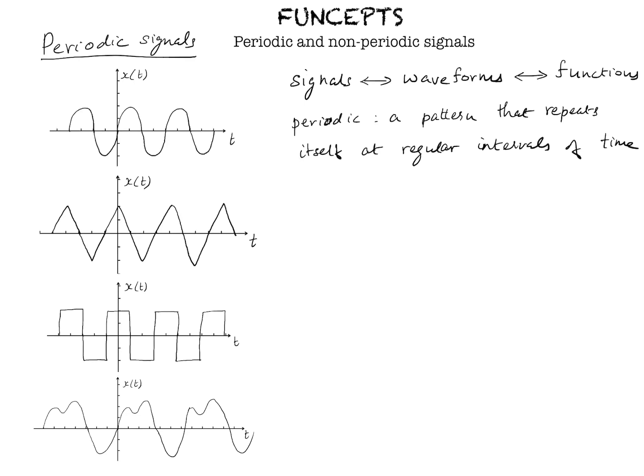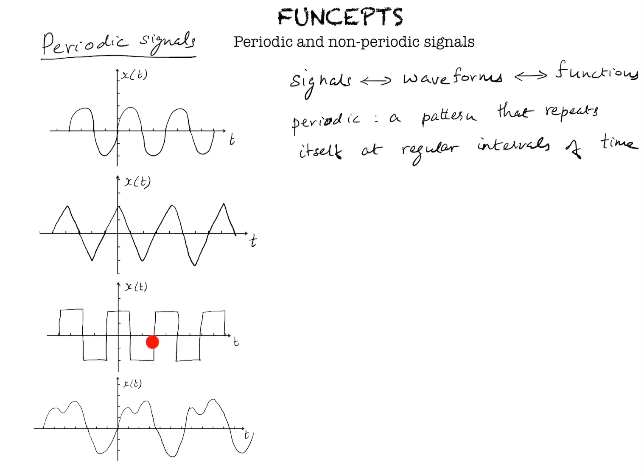Similarly, if you look at this second waveform, which has a triangular shape, it starts from here, goes to a peak, comes back to 0, a negative peak, and back to 0. So that completes one pattern, and that pattern repeats itself for a second time and a third time, and so on. Similarly here we have this pattern which repeats itself again.